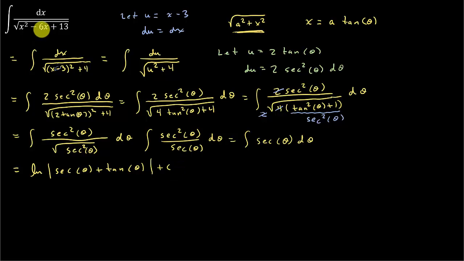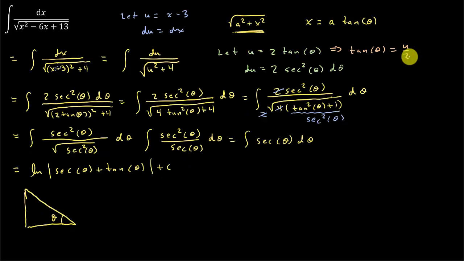So to do that, this is just like any of the other problems with trig substitution. We're going to do a triangle. So there's theta. Now let's see, what do we know here? From this, we know that tangent theta is equal to u over 2, right?